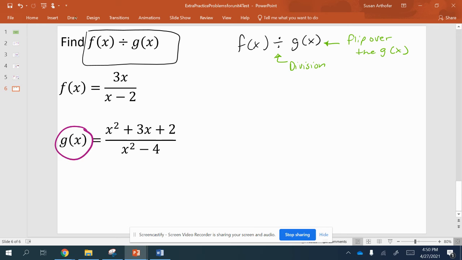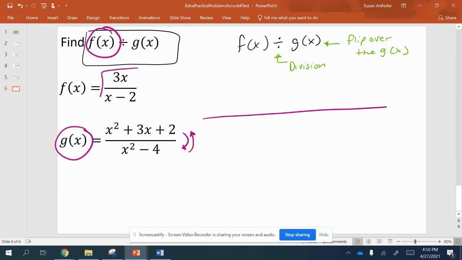So here's the g of x. What's on top goes to the bottom. What's on the bottom goes to the top. We flip it over. So draw one big bar. Write down the first one, f of x. So just take this and move it over. See how that looks exactly the same as the f of x? Now the g of x you have to flip over.